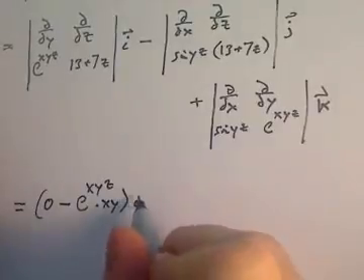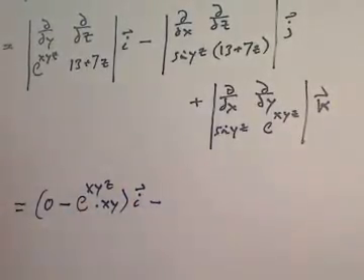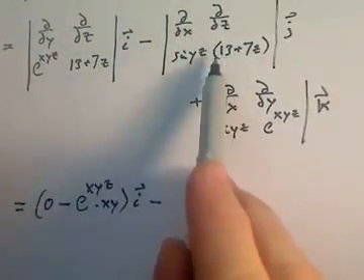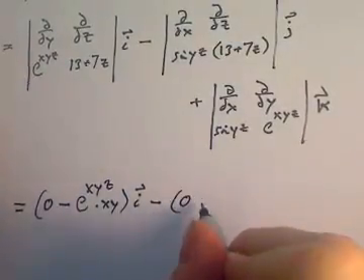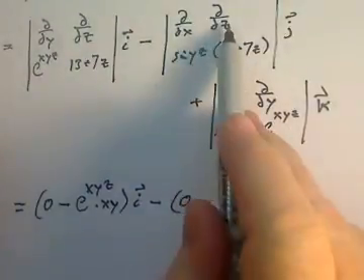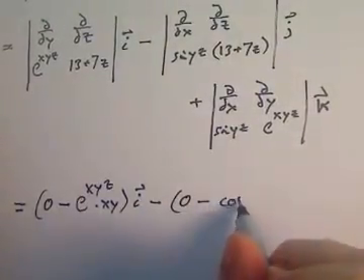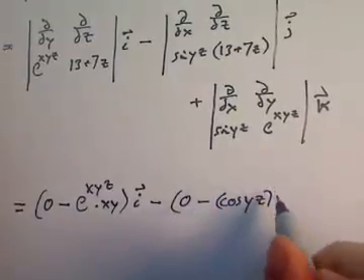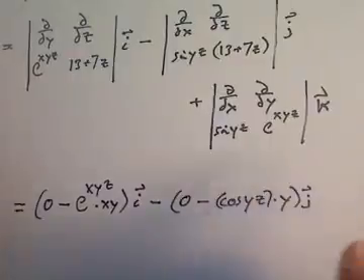And so this is i here, and I have minus on my j, so the partial with respect to x of 13 plus 7z is 0. And I have minus partial with respect to z of sin(yz), which is going to be cosine yz times y, and so this is j.